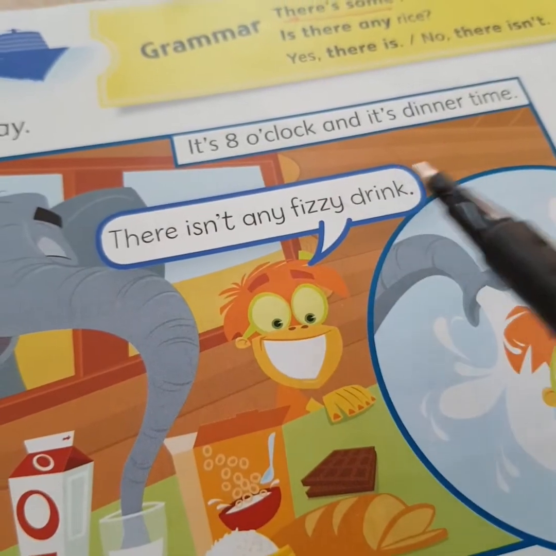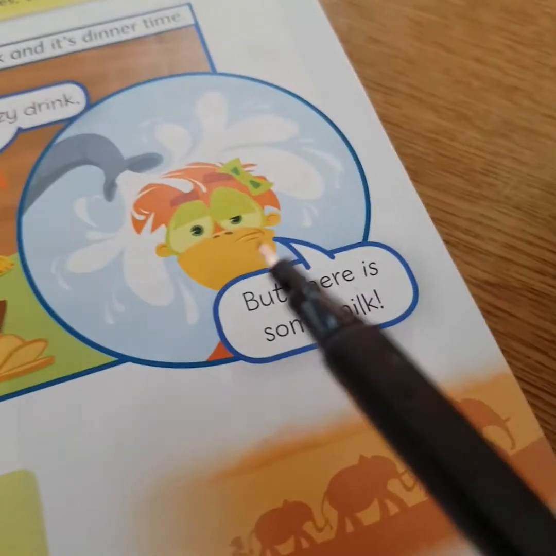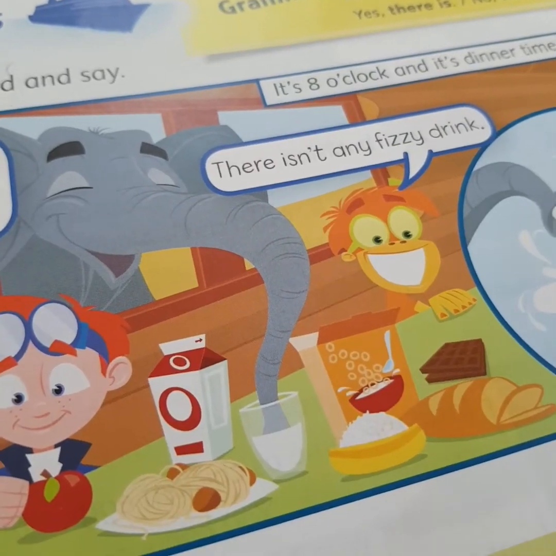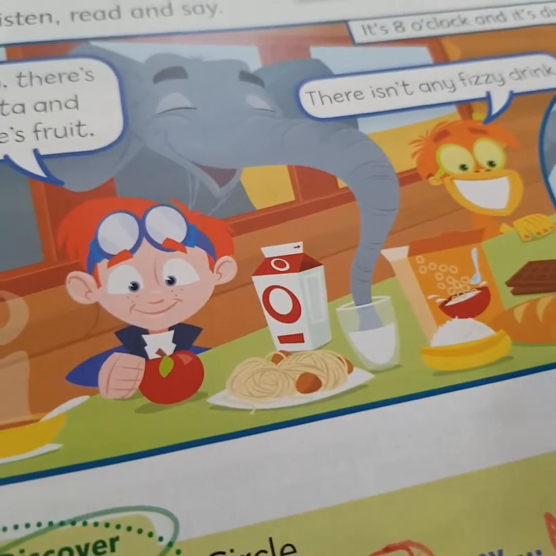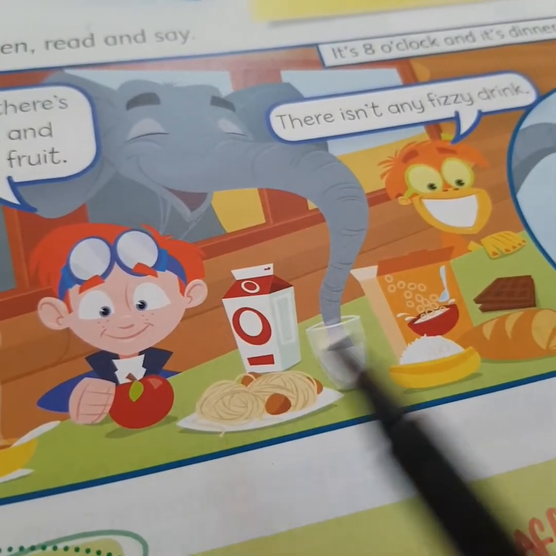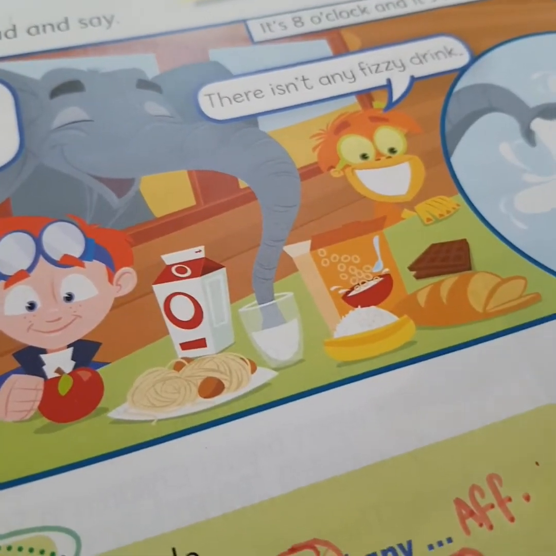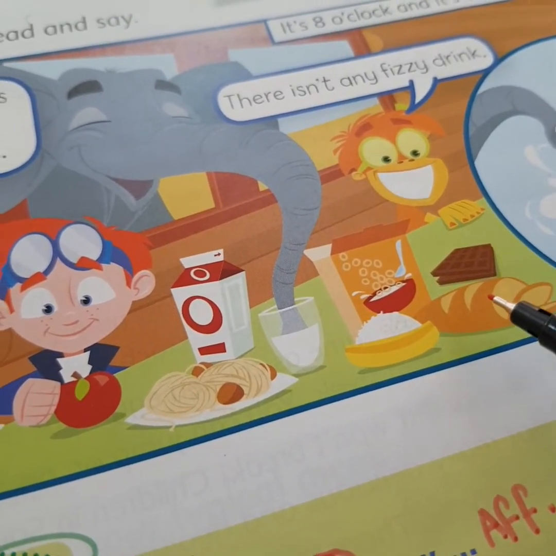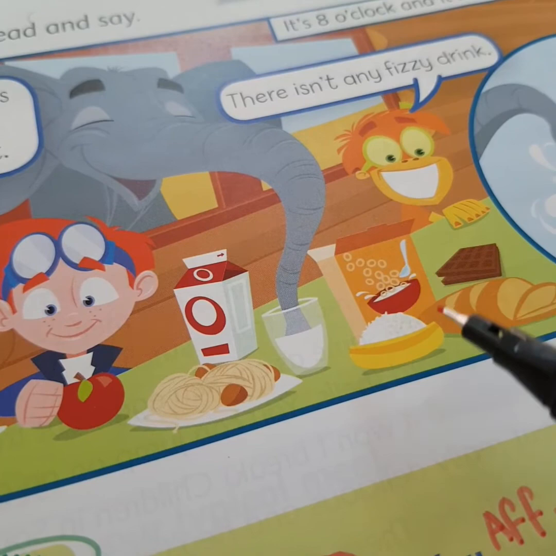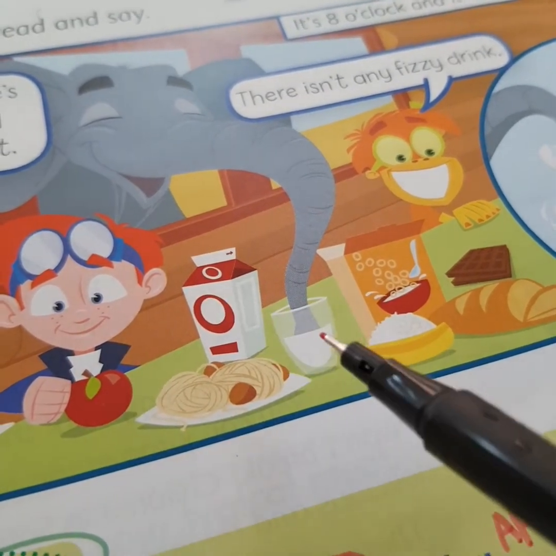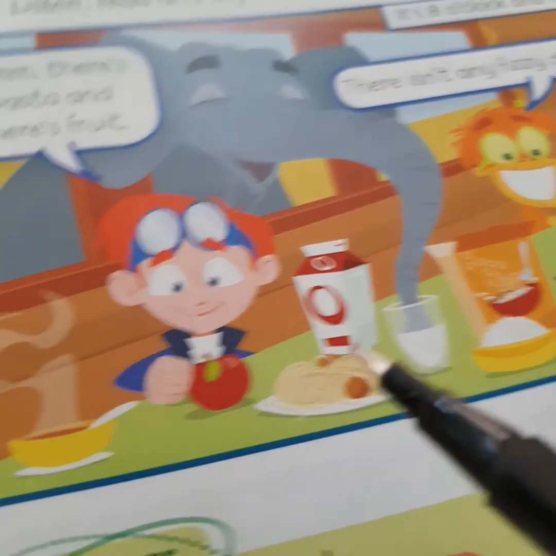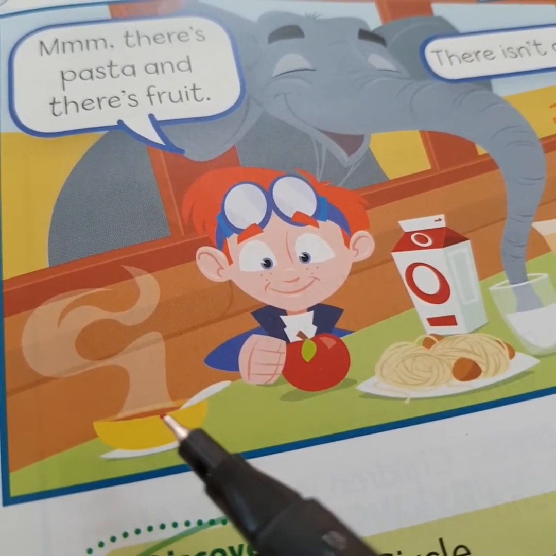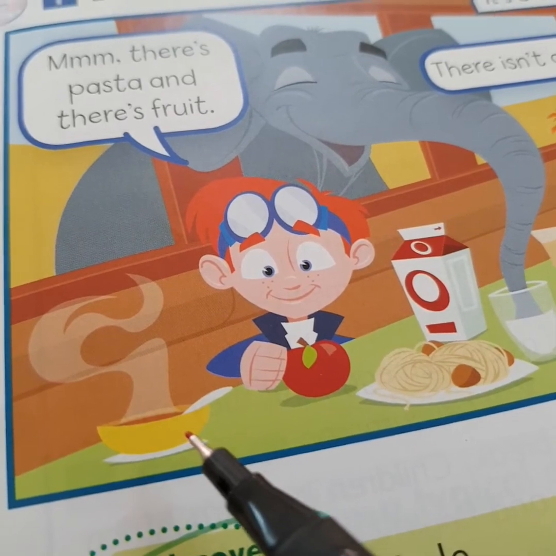There isn't any fizzy drink, but there is some milk. Okay, so what do you see on the table? Yes, there is some chocolate, there is some bread, there is some cereal, there is some rice, there is some milk, there is some pasta, there is an apple, and there is some soup.